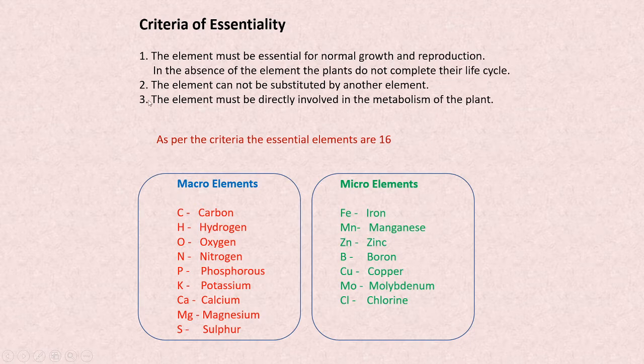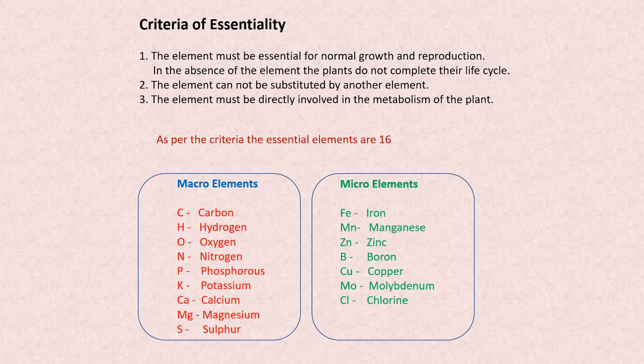Then the third one, the element must be directly involved in the metabolism of the plant. So if the element fulfills these criteria of essentiality, then they are considered as essential elements.